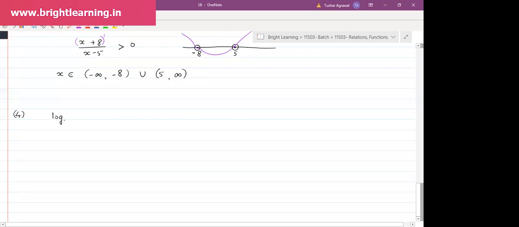Log to the base 3 of modulus of x square minus 4x plus 3 upon x square plus modulus of x minus 5, greater than or equal to 0. Find values of x satisfying this inequality.